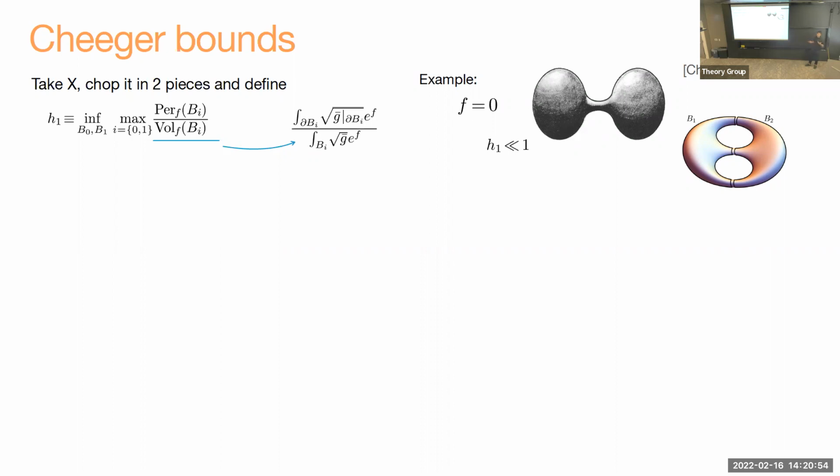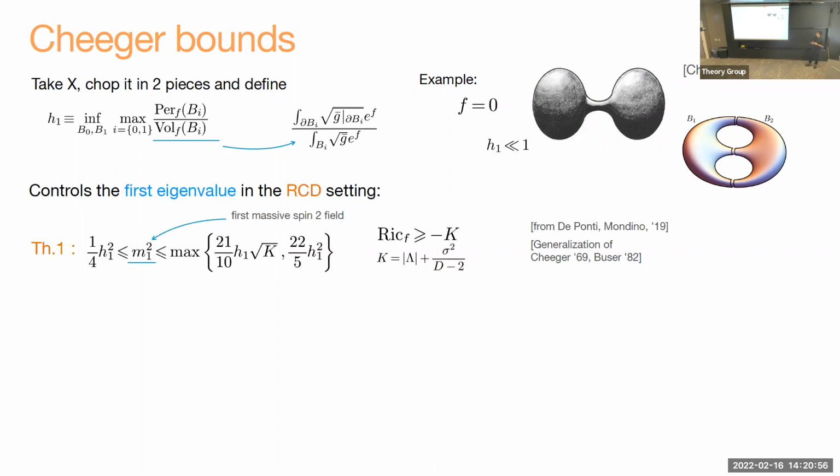Now, why is this a useful definition? Well, it's because this constant is powerful in the sense that it's able to strongly constrain the first eigenvalue of the Laplacian, or in this case of this modified Laplacian. And so for us, the first massive spin-two field of the KK tower, and it constrains it pretty tightly. This is because you can put both a lower bound and an upper bound on the first eigenvalue.